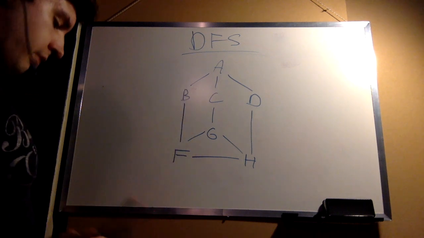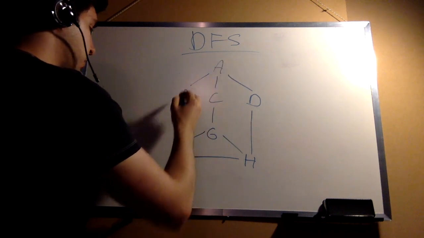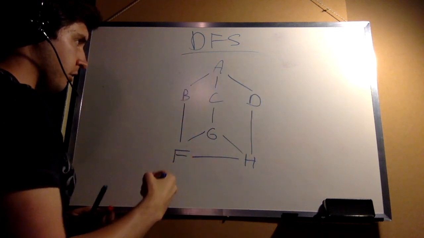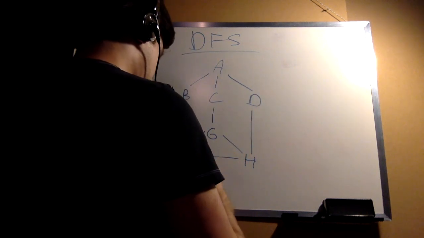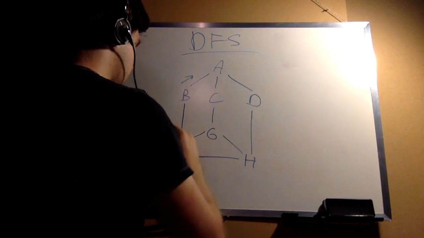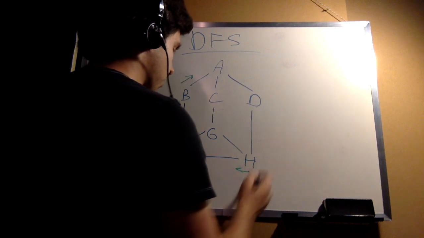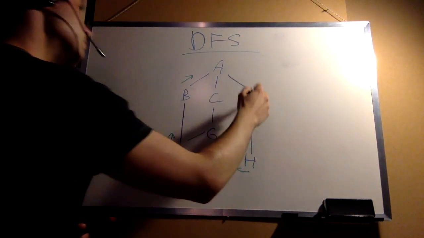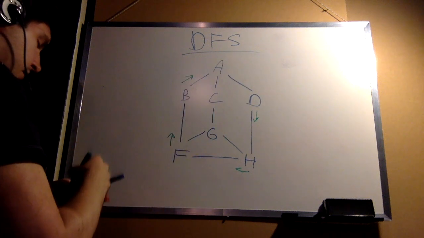Let's start from A. So A will go A, B, F, H, D, and then it'll encounter a back edge. So we'll just write the parents along the way. Let's not record times for now. I don't think it's necessary. And this is a back edge.